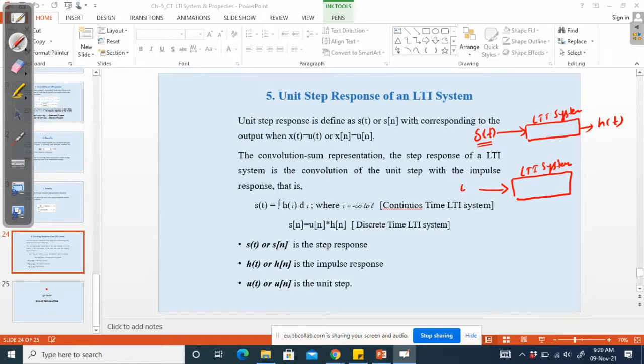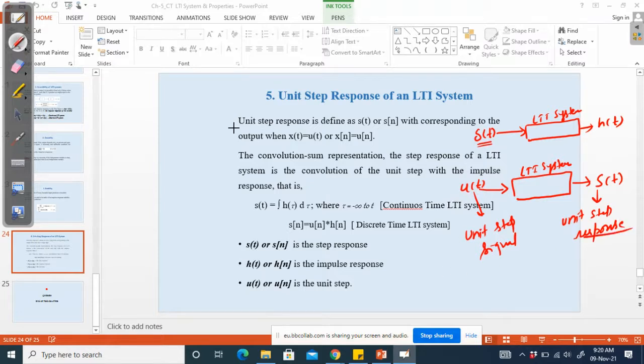Now, the input to this system is u(t). u(t) is what? A special signal. What is its name? Its name is unit step. I am writing here unit step signal. When the unit step signal goes inside the LTI system, the output is also special, and that is called s(t). This s(t) is called the unit step response.